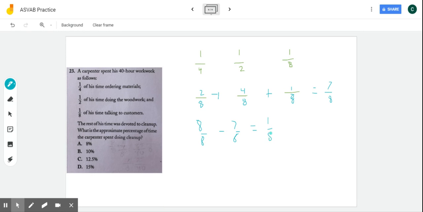All right. So again, just like the last one, we're going to do fraction to percent. So we'll do decimal first. 8 into 1. We have to add a decimal here because 8 won't go into 1.